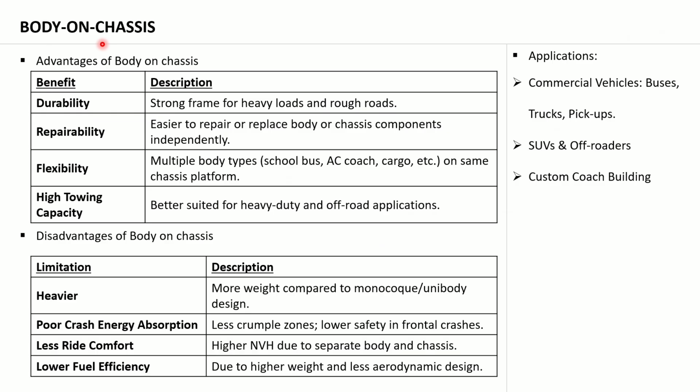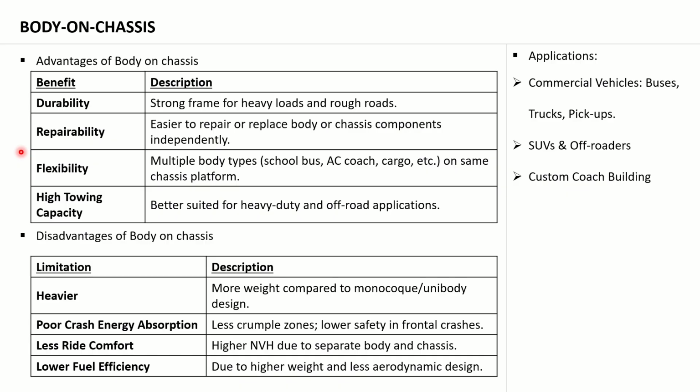So we'll move to the advantages of body on chassis. There are different types of advantages of this system. In durability, we get a strong frame for heavy loads and rough road conditions. This is the benefit of the chassis system, which allows off-roading conditions and gives us strong, heavy load applications, then repairability, flexibility and high torque capacity.